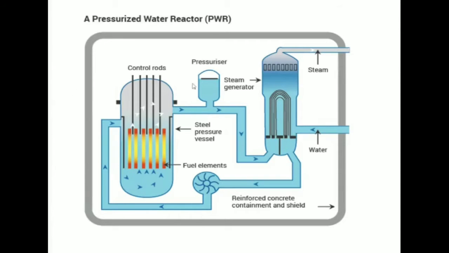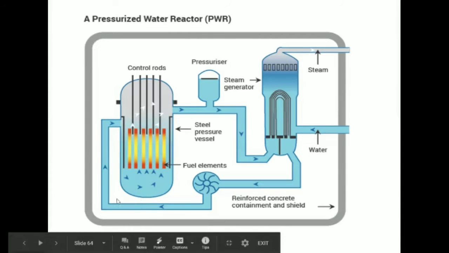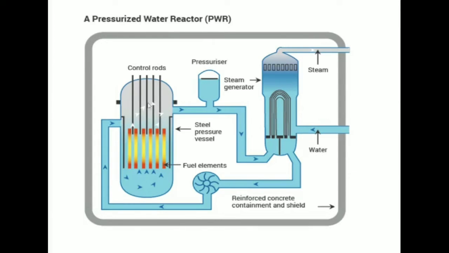A pressurized water reactor block diagram is shown here. Here you can see the reactor vessel which contains control rods, fuel rods, etc. Water is being circulated within the reactor vessel. Cold water entering by means of pumping into the reactor is heated, and this is going through a pressurizer in order to increase the pressure.